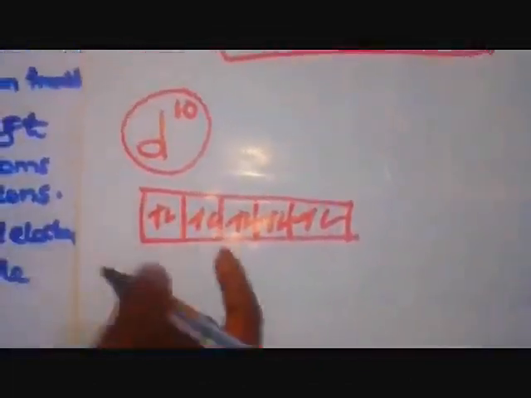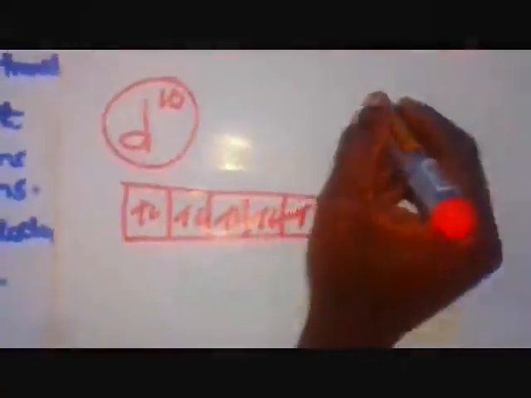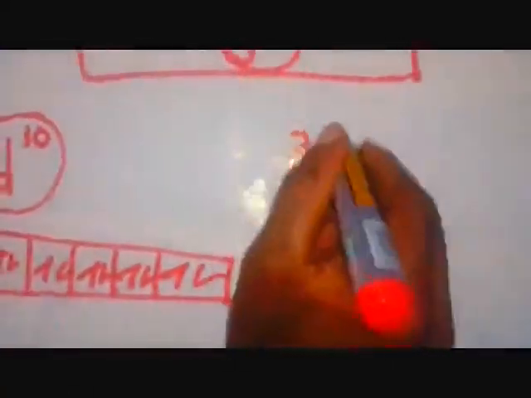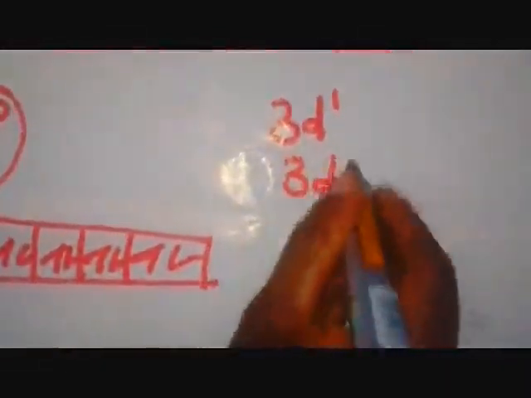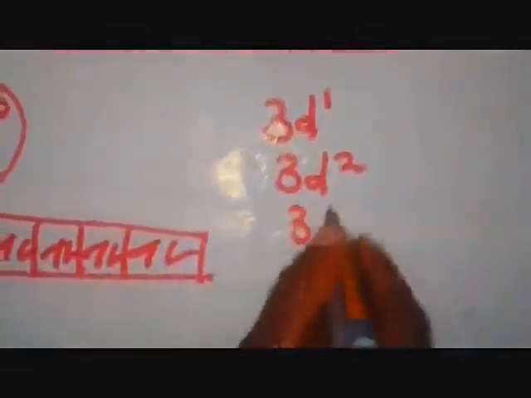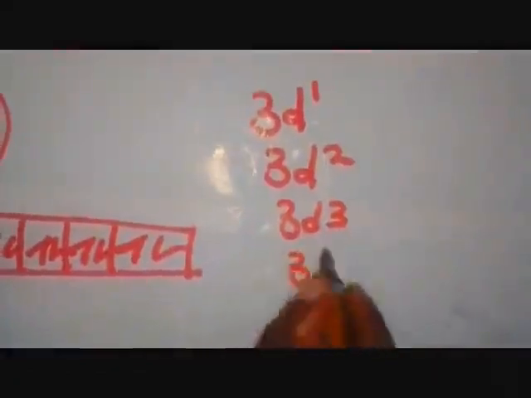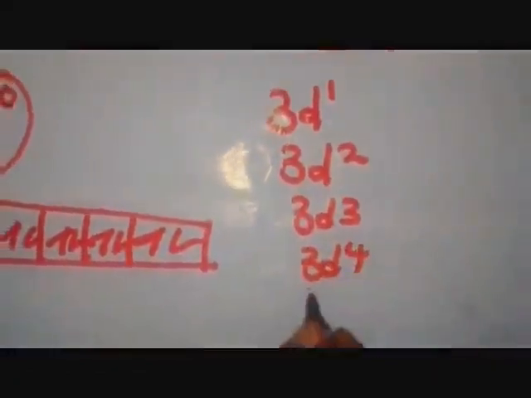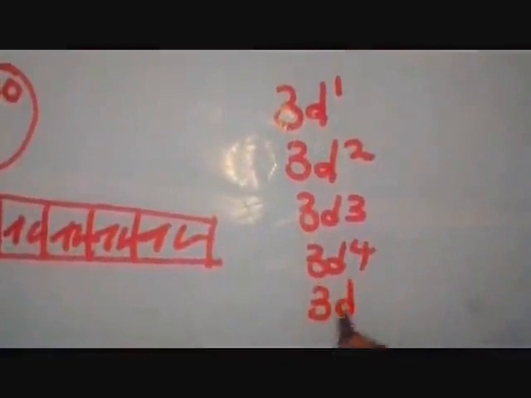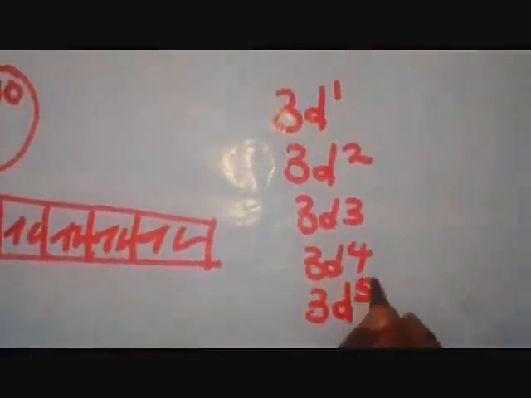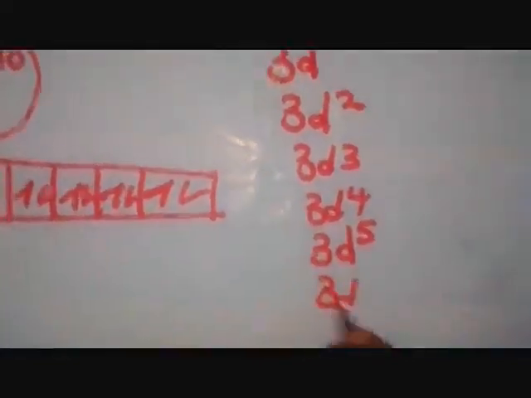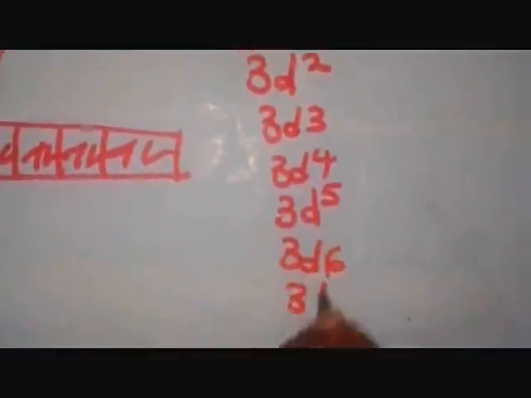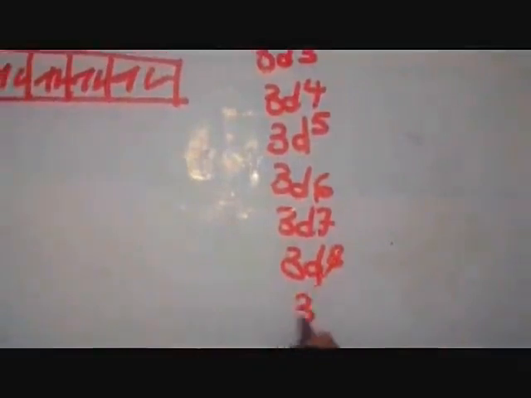Now, when we talk about partially filled, it means you may have 3d1, that is partially filled, 3d2, 3d3, 3d4, then 3d5, 3d6, 3d7, 3d8, 3d9, 3d10.